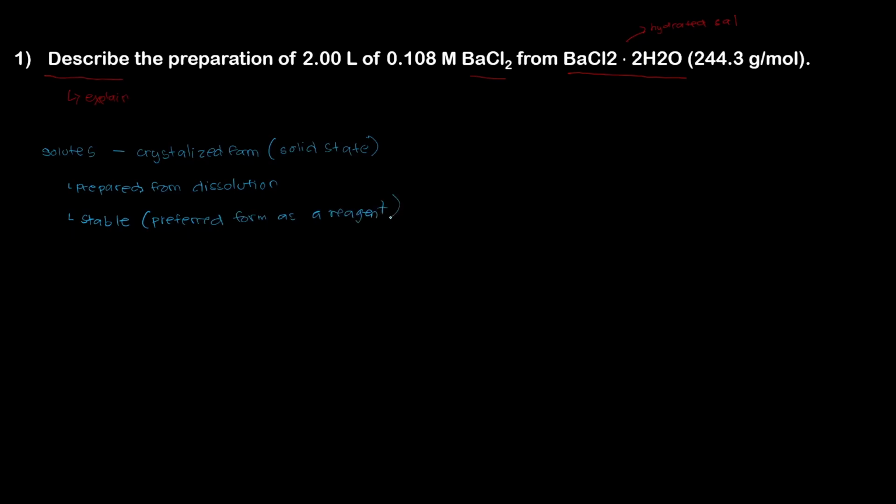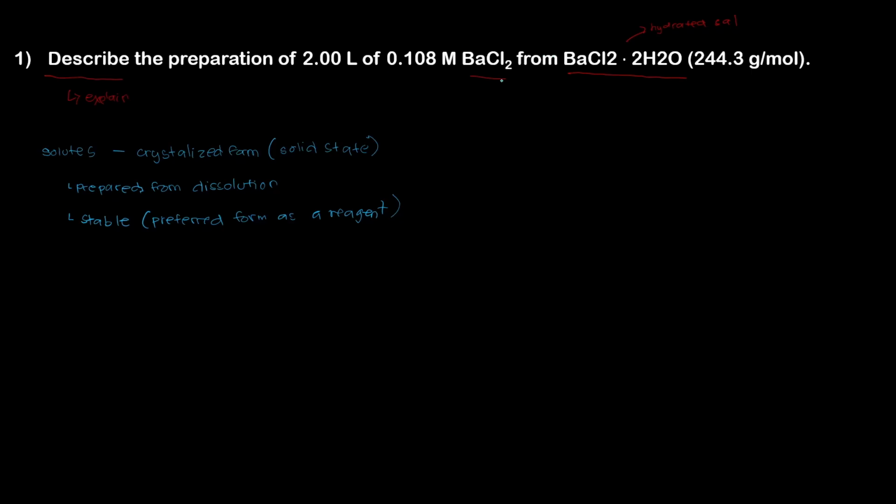That's why in the lab, when we prepare solutions, we usually start with its hydrated salt form. Okay, hydrated salt form is indicated in the label of the chemical you use. And then you will solve for the molarity or the concentration of its non-hydrated form. So this is usually explained through stoichiometric coefficients, okay, which we will explain later on.